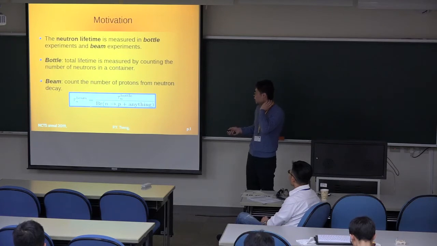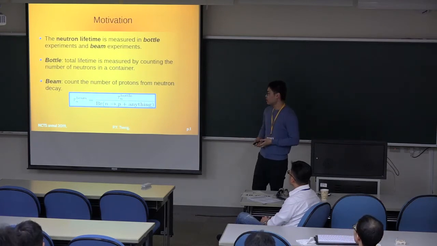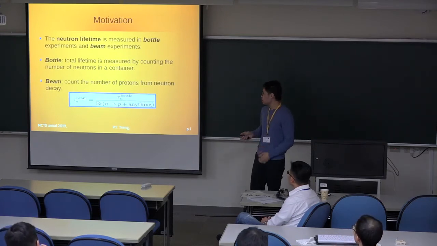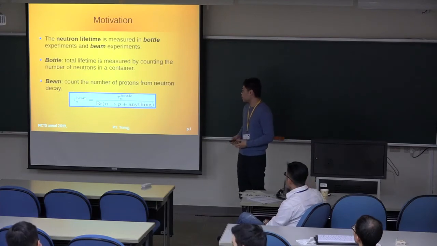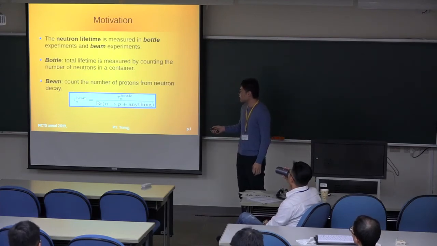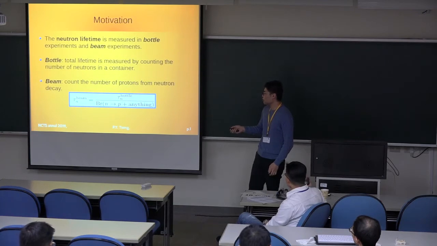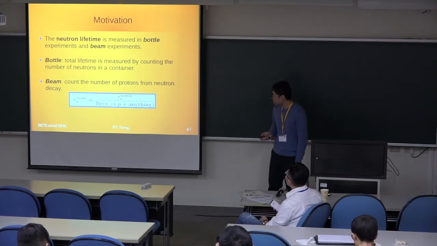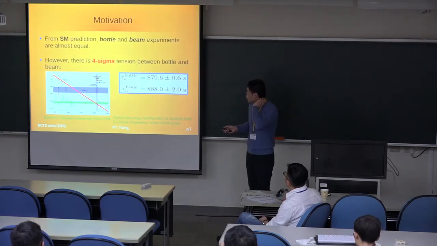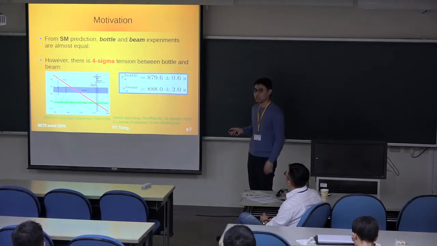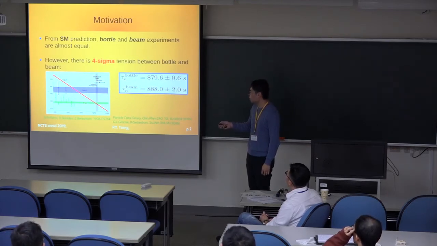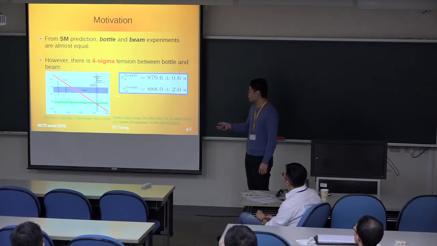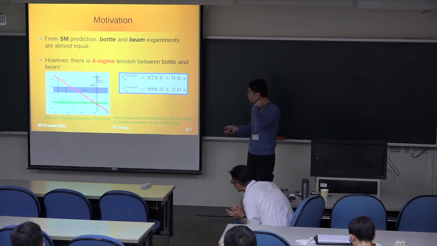However, in the standard model, this branching ratio is almost 100%. It's from the inverse beta decay. So the standard model predicts that the values from these two experiments should be equal to each other. However, over 20 years, this figure shows the average result from the beam experiment and the bottle experiment.